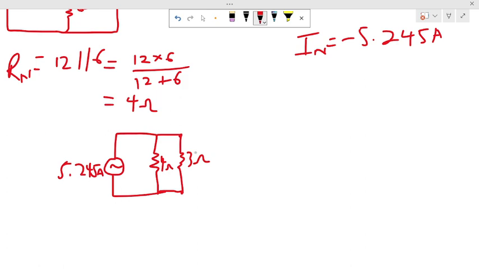So for us to find the current through the 3 ohm, we use current division. This is the Norton's current that will be moving. Now this current will split at the node, right? We want to find the current through this resistor.